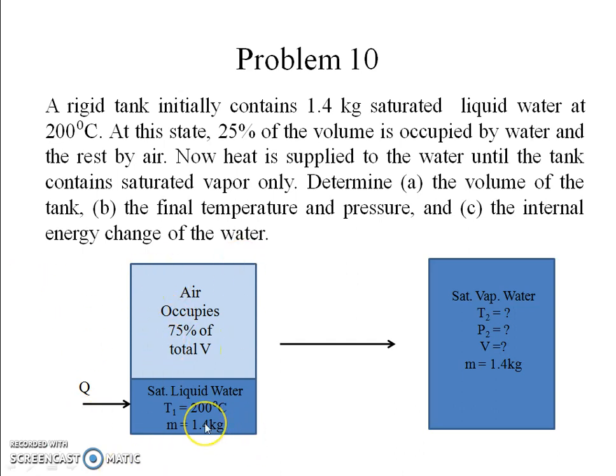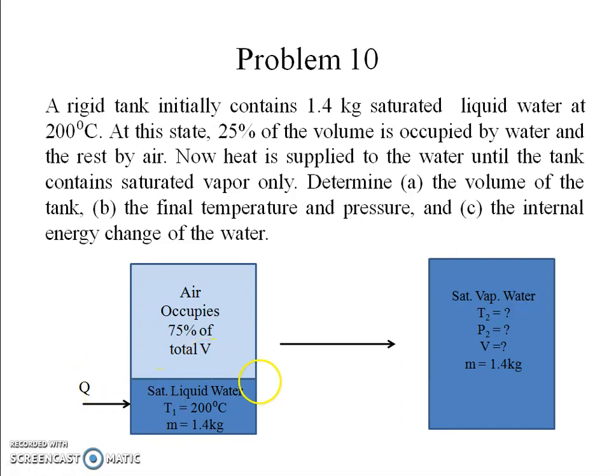This is a rigid tank. Initially it contains 1.4 kg of saturated liquid water at a saturation temperature of 200 degrees centigrade. This saturated liquid water occupies only 25% of the total volume V of the container, and 75% of the volume is occupied by air.